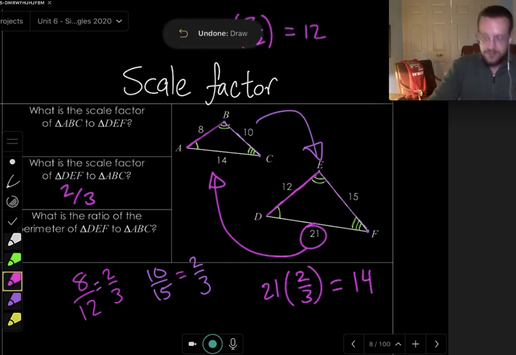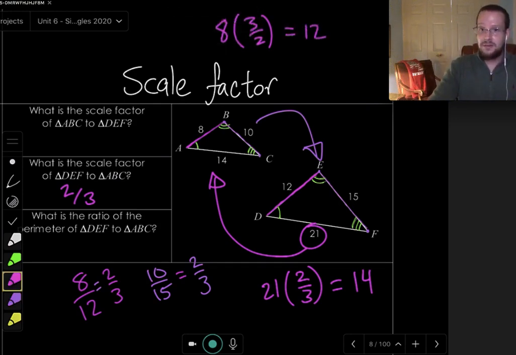That's 12. Wait a second, that number just got bigger. And if you notice, 3/2 is a number that's greater than 1. And when you multiply a number by another number that's greater than 1, the value will increase.